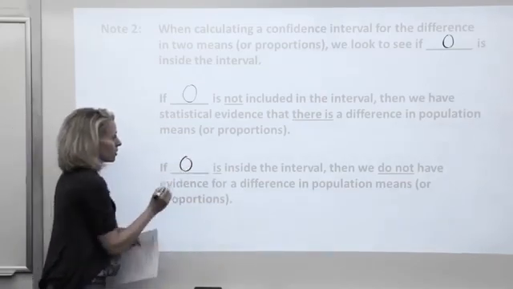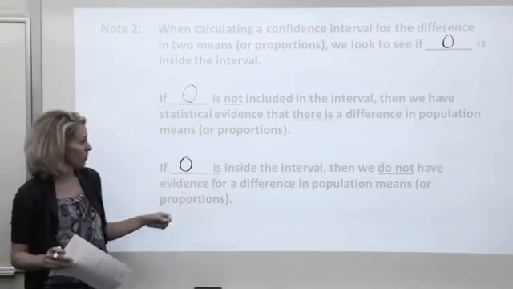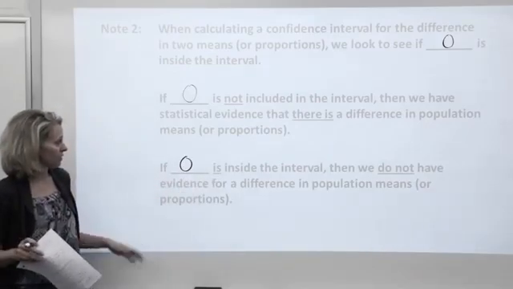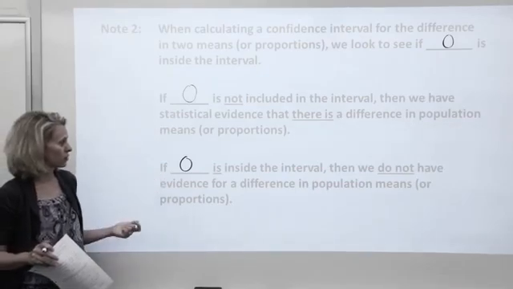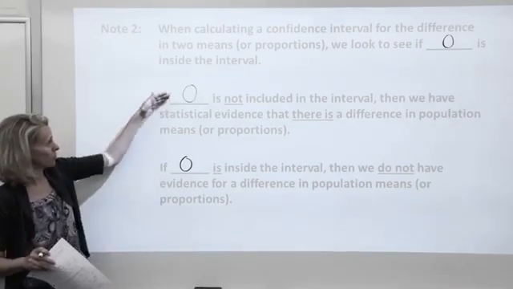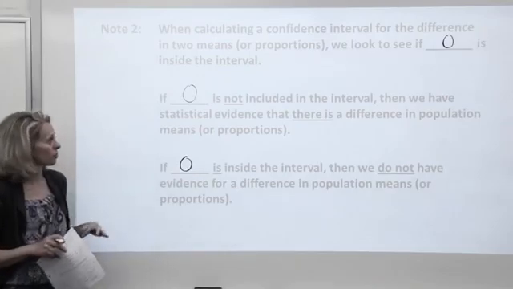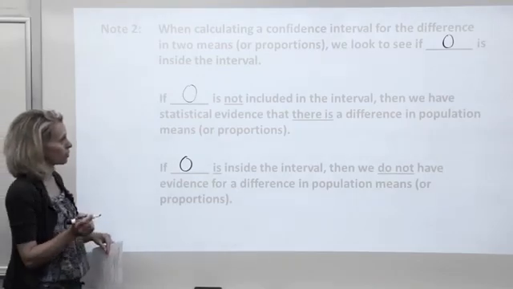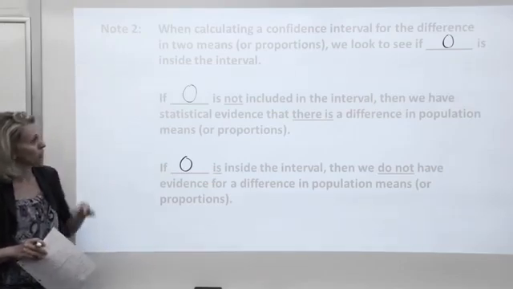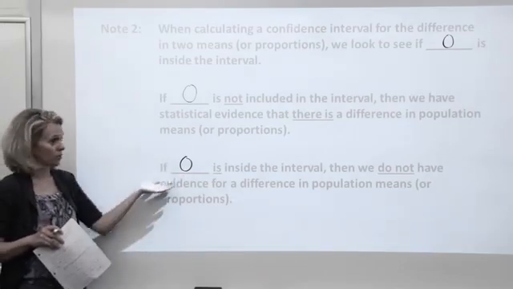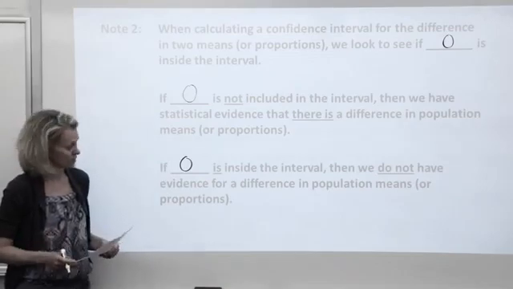Whereas if 0 is inside the interval, then we don't have any evidence of a difference in the population means. It could be plausible that those two values are the same. So 0 is going to be a pretty critical value that we're looking for, whether it's a mean problem or a proportion problem. We'll be curious to see if the interval contains 0. So we're going to look at ours when we're finished to see if it contains 0.